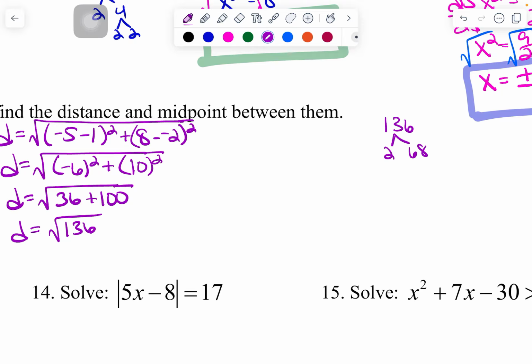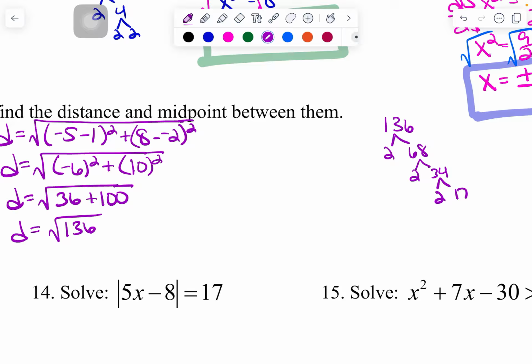Brain just short-circuited there for a second. And then 68 is 2 times 34. So 68 divided by 2, yeah, 34. And then 34 would be 2 times 17. And that's where it stops.